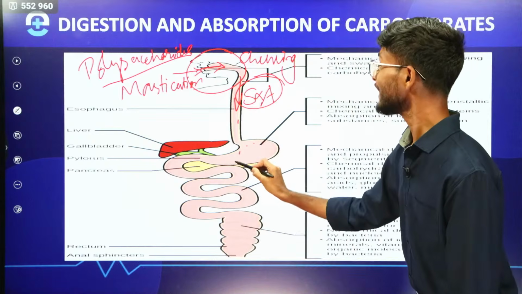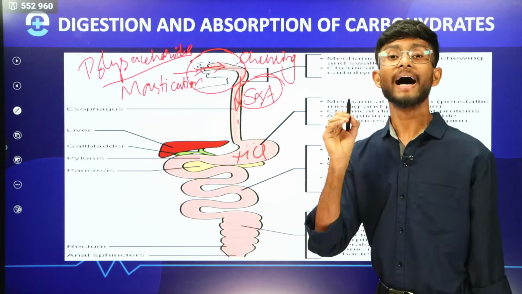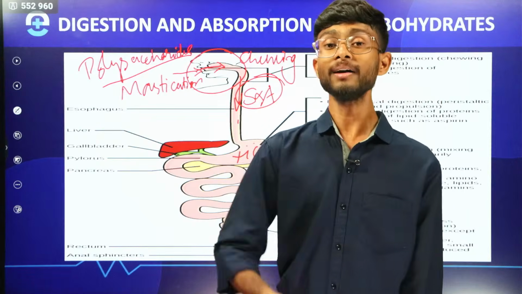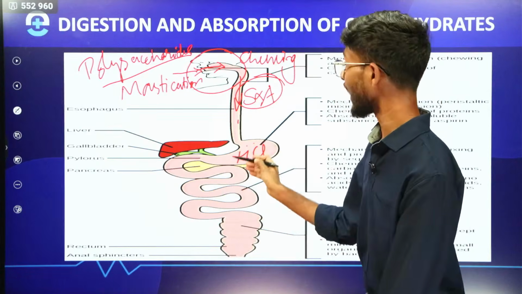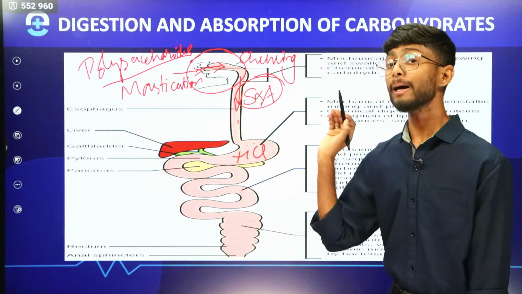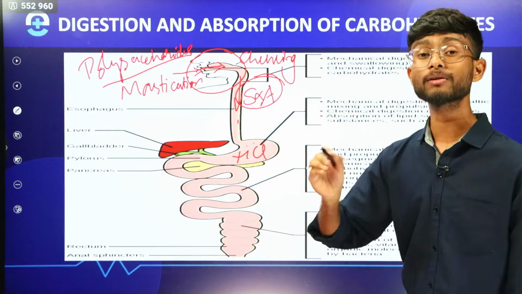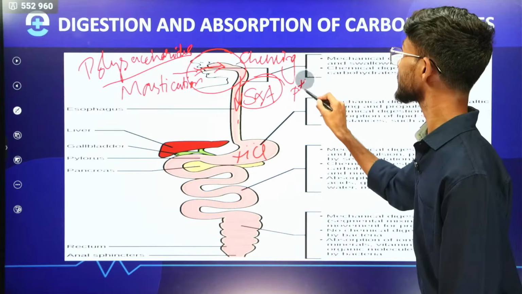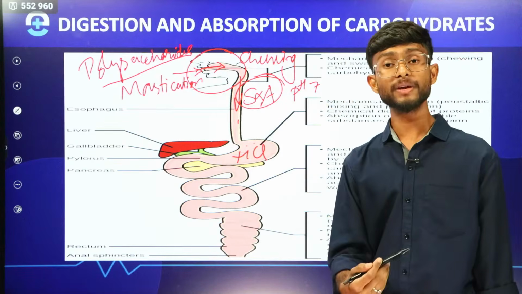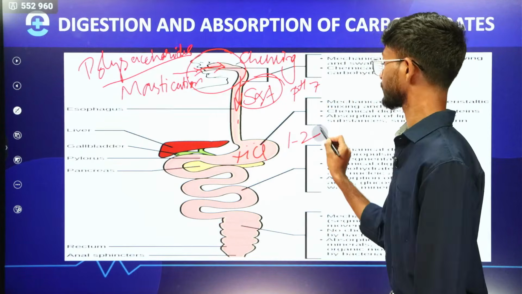Because in the stomach, the production of hydrochloric acid is high. The pH for salivary amylase is 7, but the stomach's pH is 1 to 2.